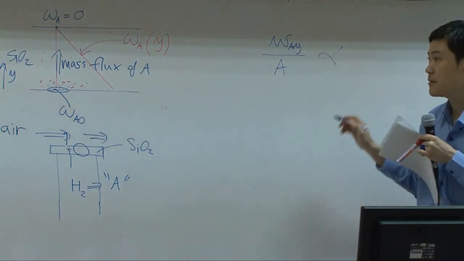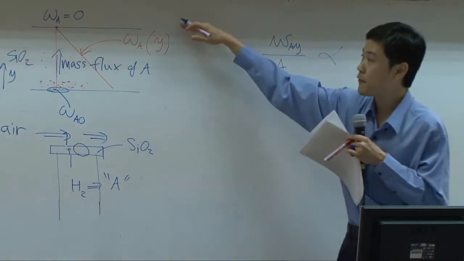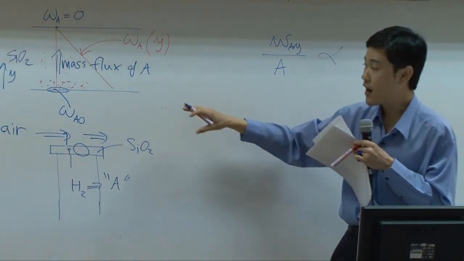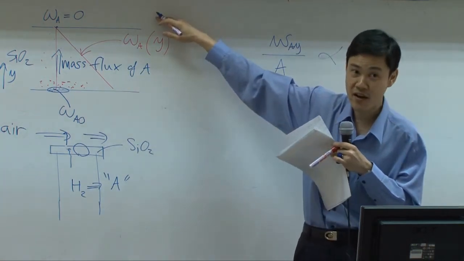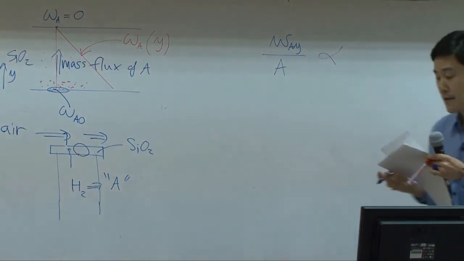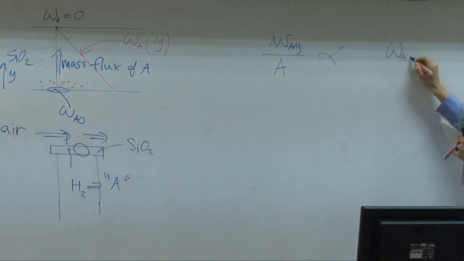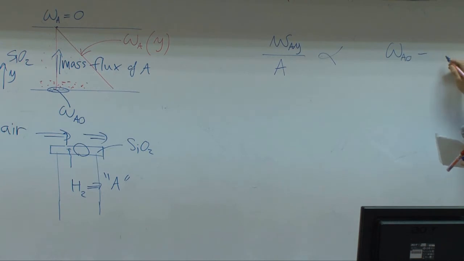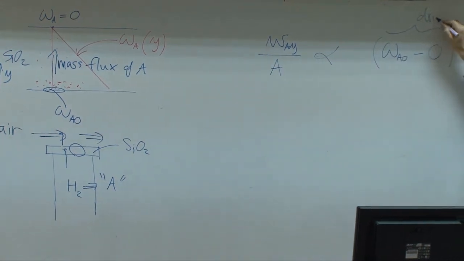It's supposed to depend on, or proportional with, difference in concentration. The higher the concentration here, or the lower the concentration there, should give you a driving force for mass transport. All right? So it depends on omega A0 subtracted by omega A up top here, which is 0 at this moment. Okay? This portion is driving force.